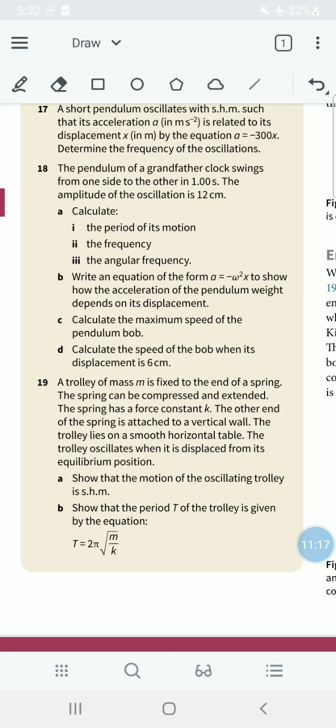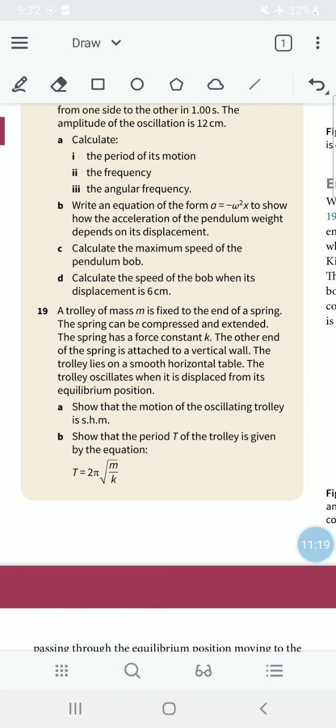Then write an equation of the form A equals negative omega squared x to show how the acceleration of the pendulum weight depends on its displacement. So again, that is the equation that we have to deal with. Earlier also we did the same thing. A equals negative omega squared x, right?